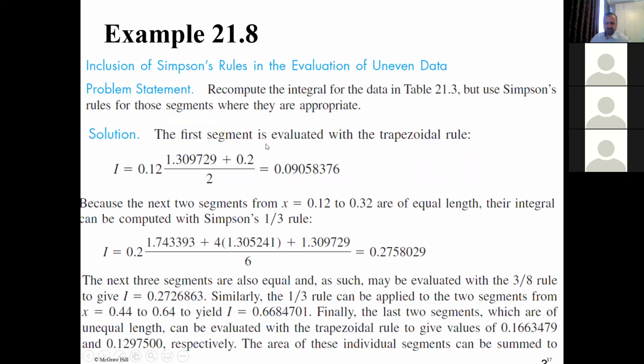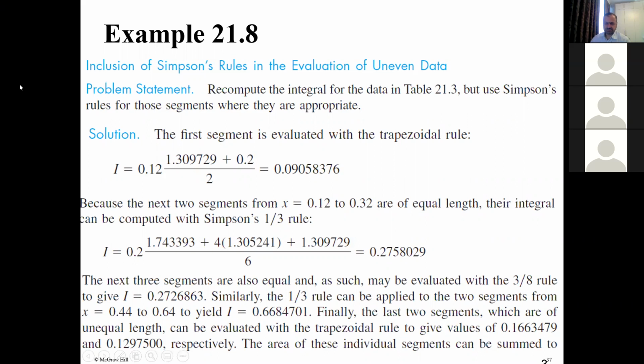In this case, the first segment is evaluated with the trapezoidal rule. Because the next two segments from x equal to 0.12 to 0.32 are of equal length, their integral can be computed with Simpson's rule.